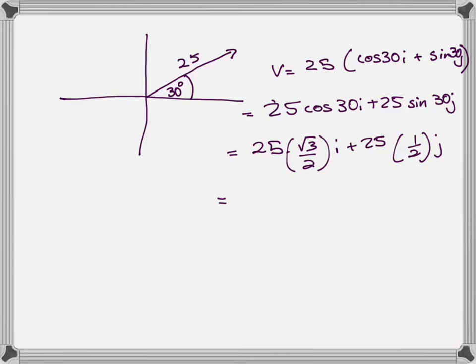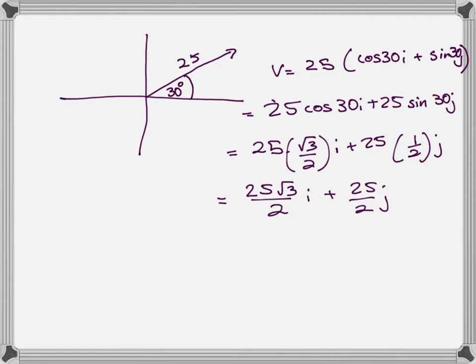So there's nothing really that we can simplify. We have 25 square root of 3 over 2 i plus 25 halves j, and these are basically our components. We have the horizontal component and we have the vertical component.